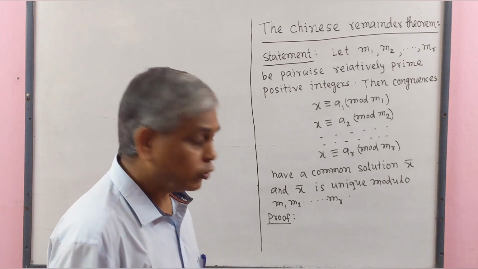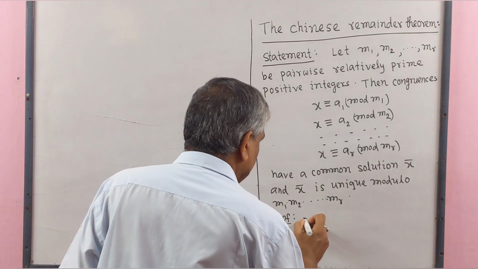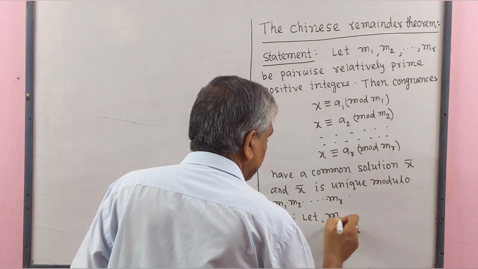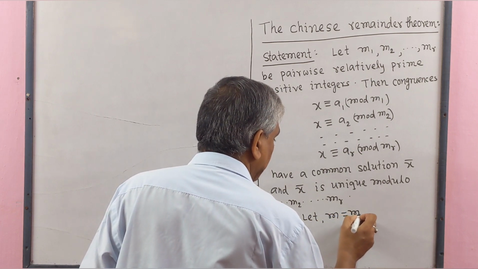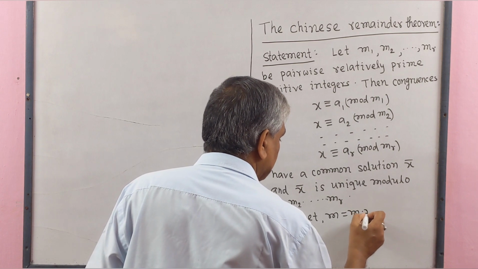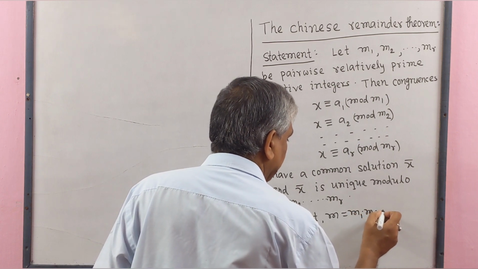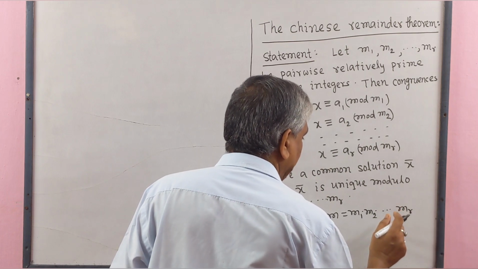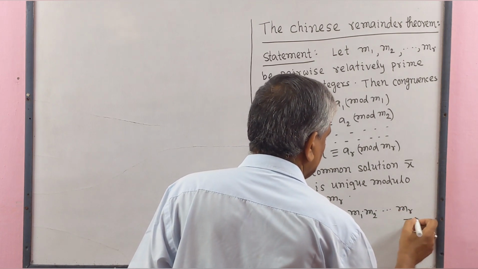Now we prove this. Let m equal to m1 multiply m2 multiply ... multiply mr. This is number 1.